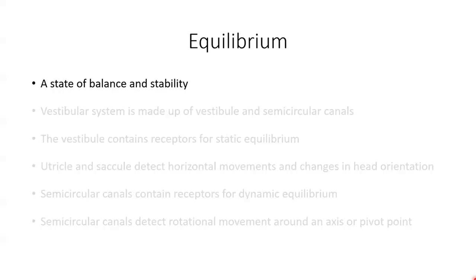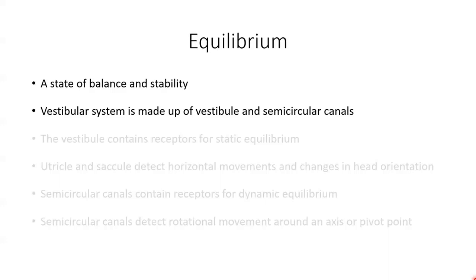Within the body, equilibrium refers to a state of balance and stability maintained by the vestibular system. The vestibular system, which can also be referred to as the vestibular apparatus, is made up of the vestibule and the semicircular canals, and they detect changes in head position and body movement.